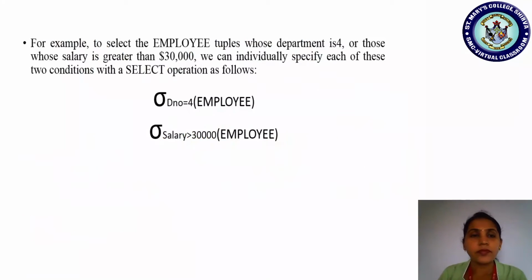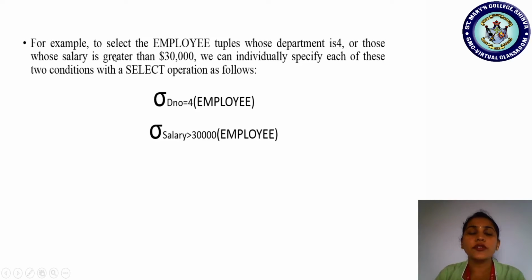Okay, fine. Now let us consider this example. To select the employee tuples whose department is 4 or those whose salary is greater than 30,000, we can individually specify each of these two conditions with a select operation as follows. What is the requirement here, students?